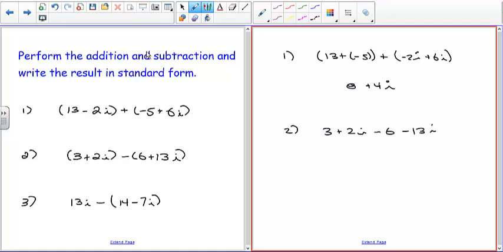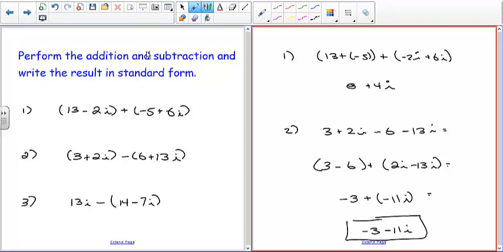Then we group the real parts together, and we group the imaginary parts together, and then we add the real parts and we add the imaginary parts. So 2 minus 13 is -11. And then I could take that parenthesis away, so I'd have -3 minus 11i. So that's your answer for this one.